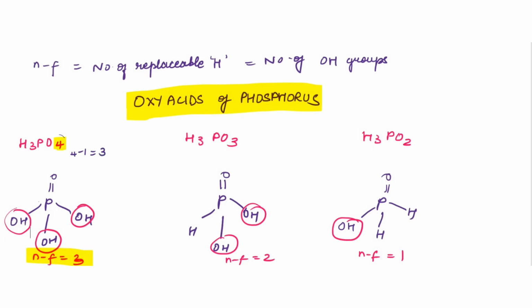Similarly H3PO3, 3 minus 1, 2. 2 is the n factor. Similarly, use the same trick. H3PO2, 2 minus 1, 1. 1 is the n factor. So did you get how to find the n factor just by looking at the formula, even without drawing the structure? This is how. I hope now you have understood how to find the n factor for different substances.